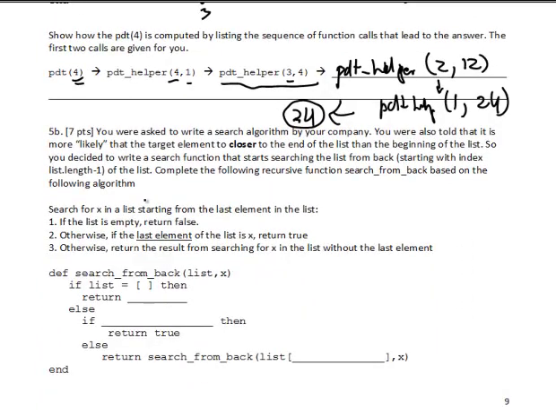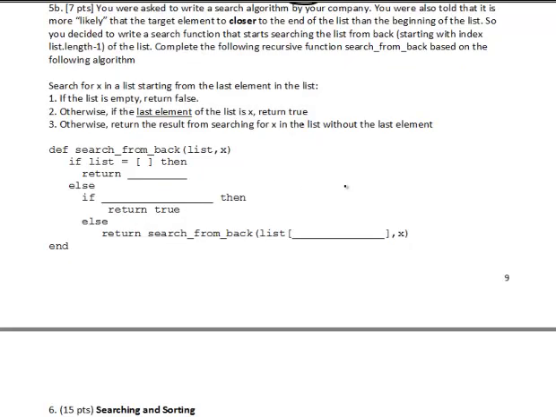Now in this part, you're asked by your company to write a search algorithm. In this problem you're trying to search for an element from the back, so the idea would be to come up with a recursive algorithm to do it. We have the list that goes from 0 to n minus 1, where n is the length of the list.